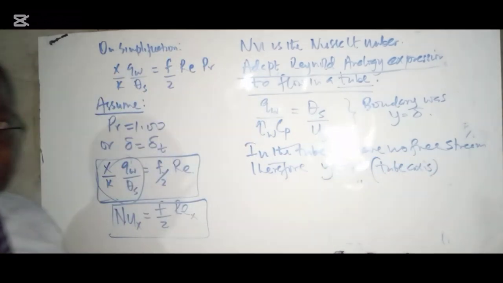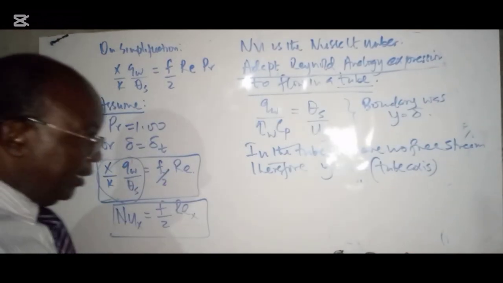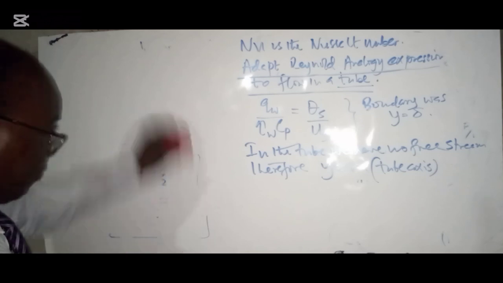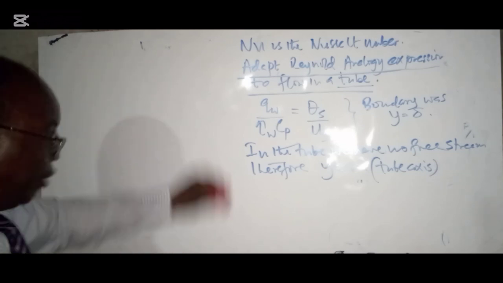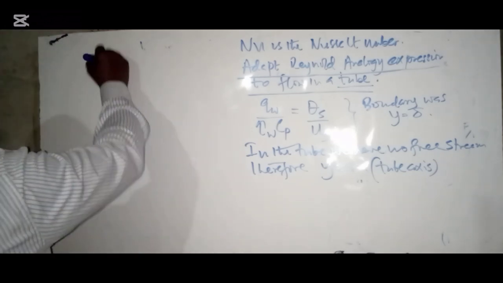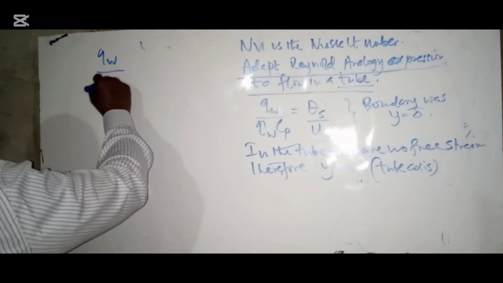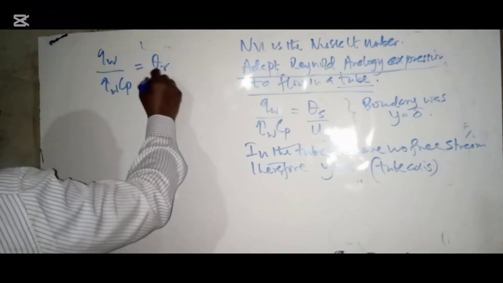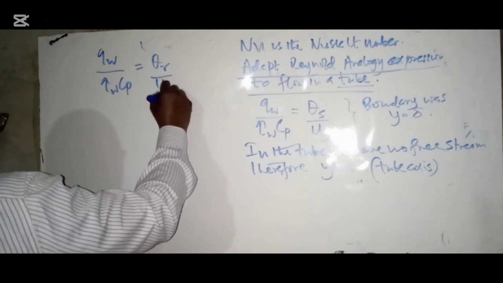Just look at our lectures on flows in tubes and you'll see our configuration involving tubes. And therefore the expression now becomes Q W over theta R for U R.